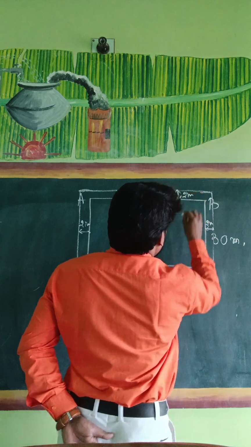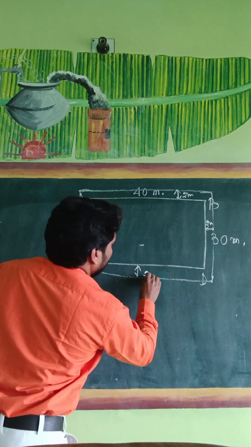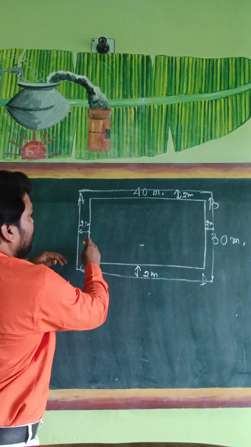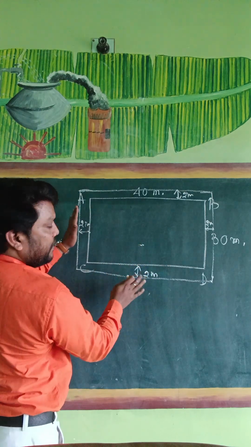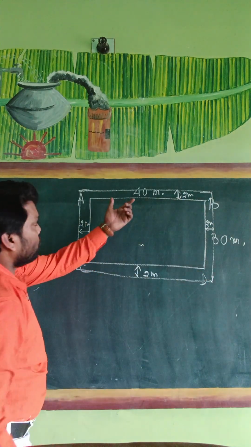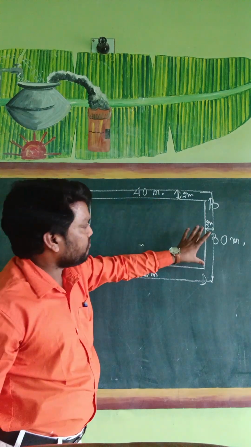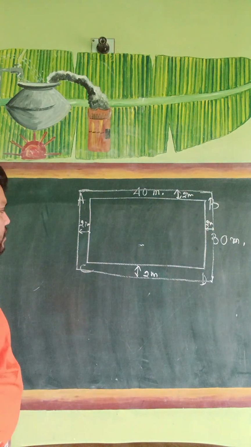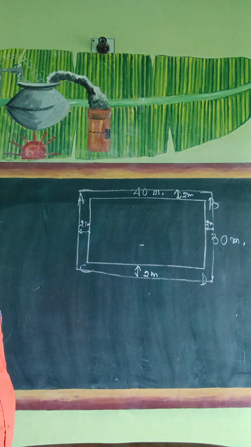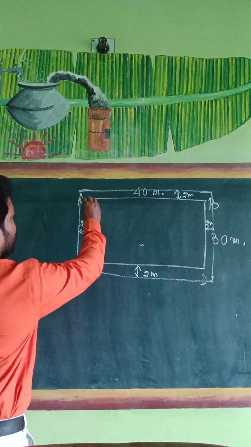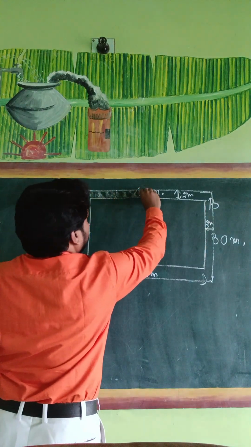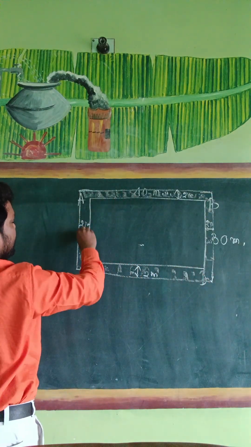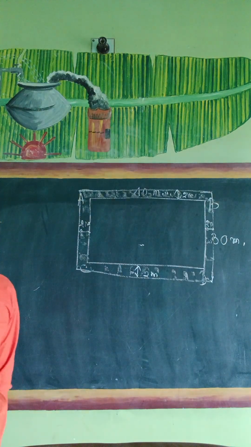That means the problem is a rectangular park or field ABCD, whose length is 40 meter and breadth is 30 meter, and outside the field there is a road or path. So how will you calculate the area of the path? This is the main problem.